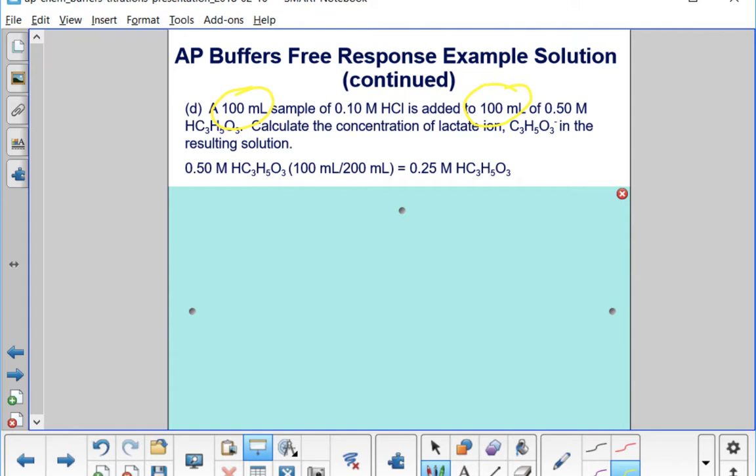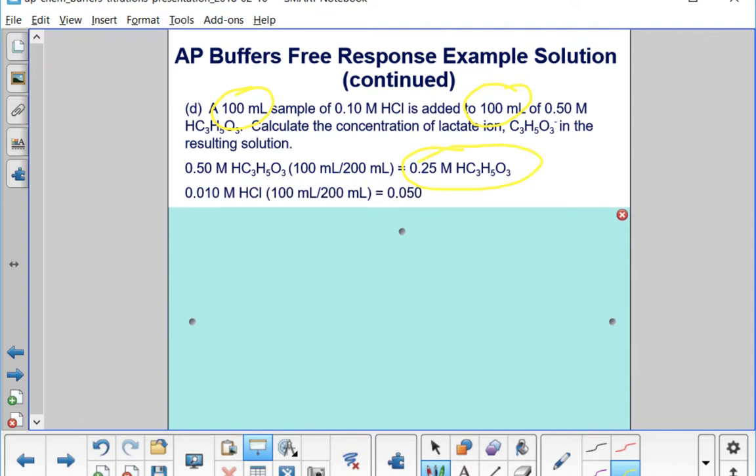And so we get that the new concentration is 0.25 molar lactic acid. Do the same thing with the HCl to find the volume after the two are combined. Again, M1V1 equals M2V2 to find the concentration after the addition or mixing of the two 100 milliliter solutions. So I have 0.05 molar HCl.